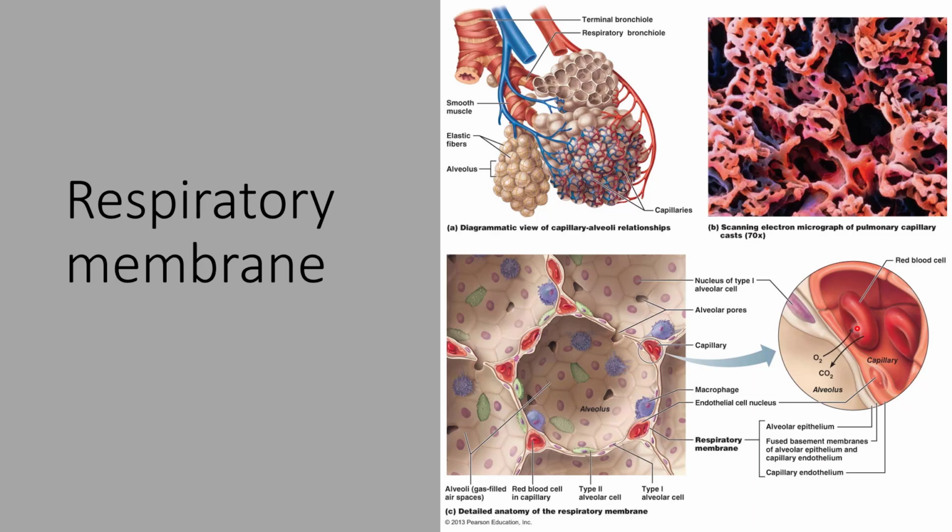Both of them are simple squamous epithelium. So this is an incredibly thin wall, 2 very thin layers thick. This is the respiratory membrane. It makes it really easy for carbon dioxide and oxygen to diffuse across, either oxygen from the alveolus into the blood or CO2 from the blood into the alveolus.